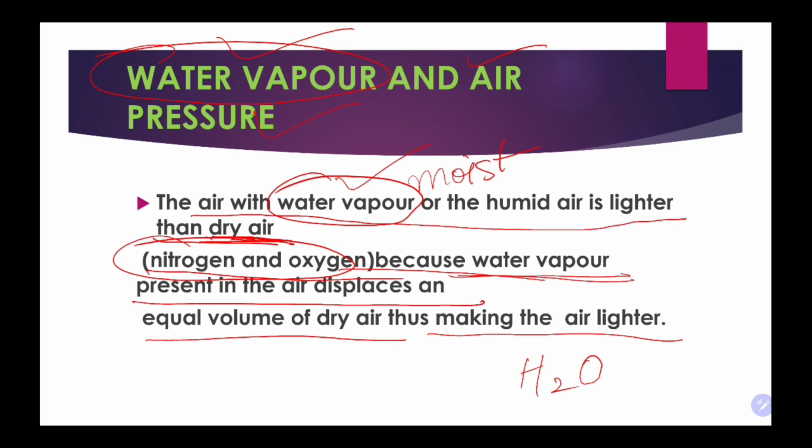So I mean to say that water vapor is lighter than nitrogen and oxygen. Therefore, moist air is lighter than dry air. Dry air is heavier than moist air. So this is how water vapor and atmospheric pressure are related, because moist air will exert less pressure compared to dry air.